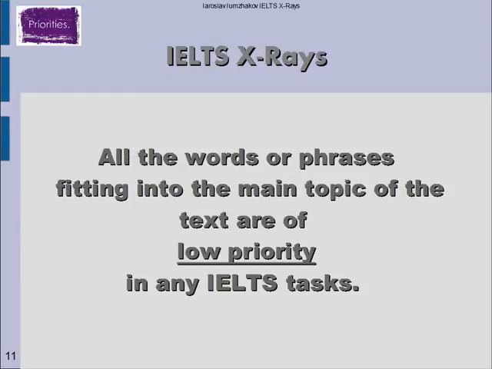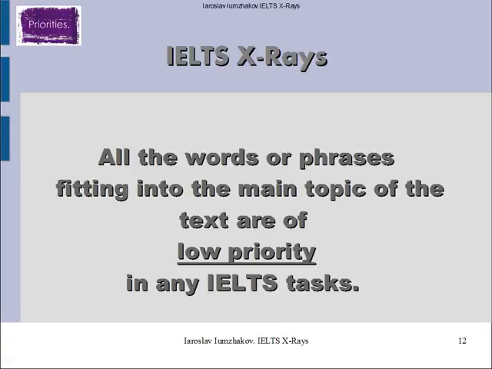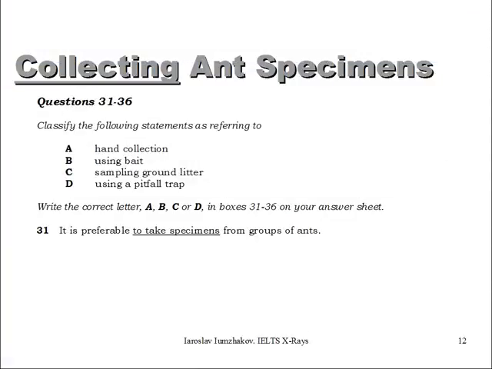Why? Well, the logic is as follows. All the words or phrases fitting into the main topic of the text are of low priority in any IELTS tasks. That is the principle of prioritization. The main topic of a text is usually stated in the title of an IELTS academic reading text. In this case, it means that we should lower the priority of any words or phrases fitting into the topic collecting and specimens.